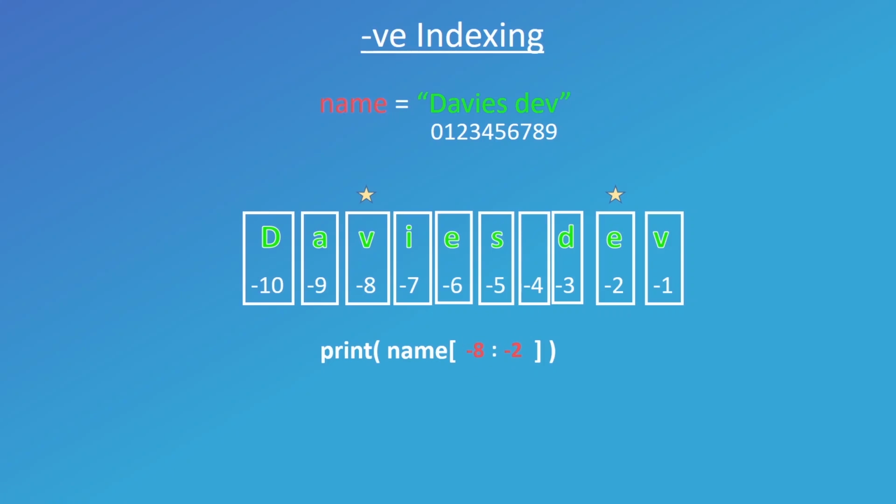So let's go over the rules again. For negative indexing, you just number it -1 to -infinity. Then if you want to select any given range of characters, you always select the first one starting with the lower number, in this case -8, to the higher number, which is -2. And make sure you remember that it ignores this last number, which means it will stop here. This same example I'm going to show you in code right now.